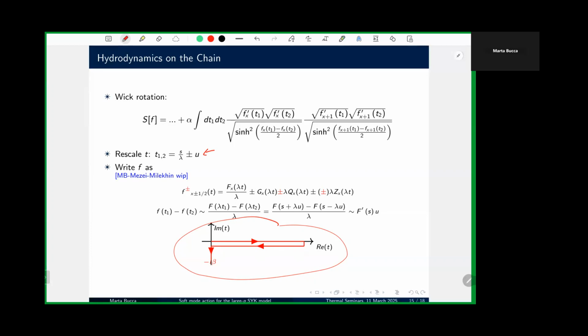And finally, we're going along the imaginary axis. And now we want to rewrite our f in the following way. So small f can be rewritten as big F_x over lambda, plus minus G_x, plus minus lambda Q_x, plus minus lambda Z_x. So I'm going to explain what each of these quantities are.